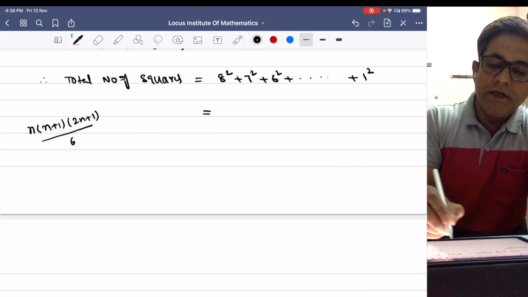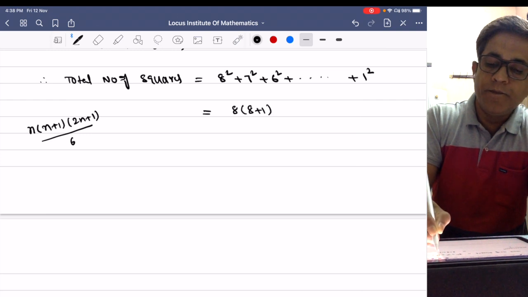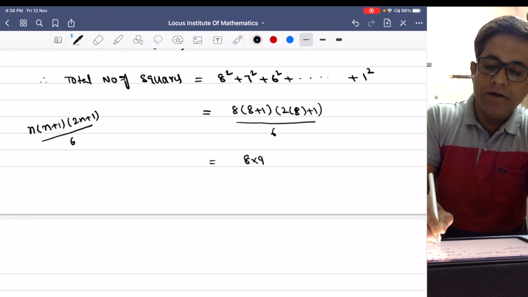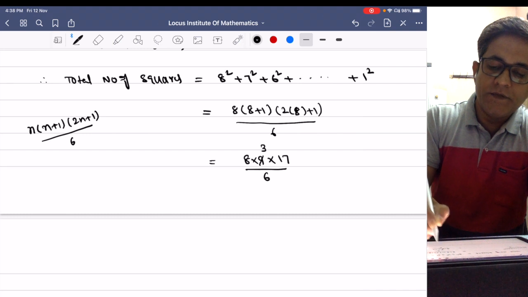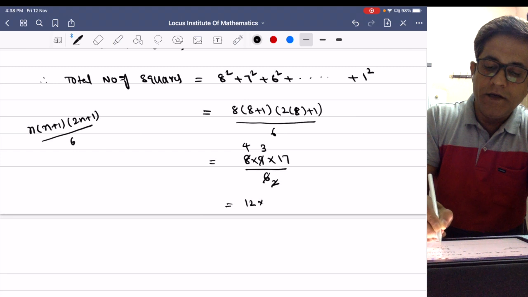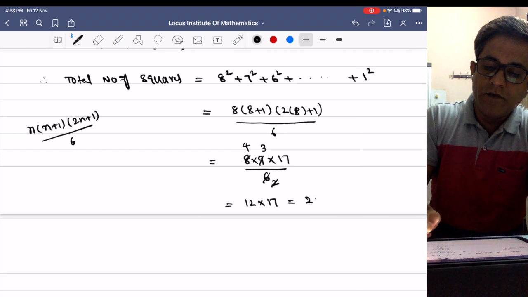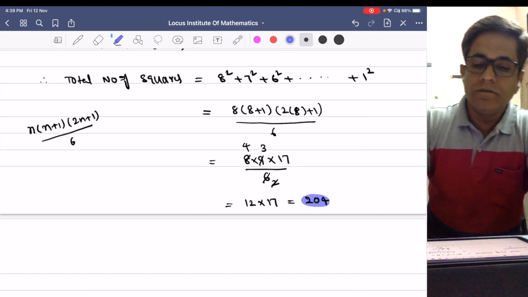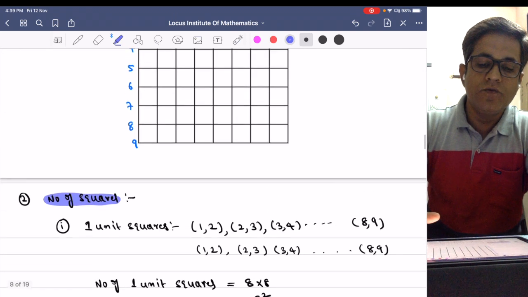If you substitute 8, you will get the number of squares: 8 into 8 plus 1 into 2 into 8 plus 1 by 6, that is 8 into 9 into 17 by 6, that is 12 into 17, which equals 204. Therefore, the number of squares on the chessboard is 204.